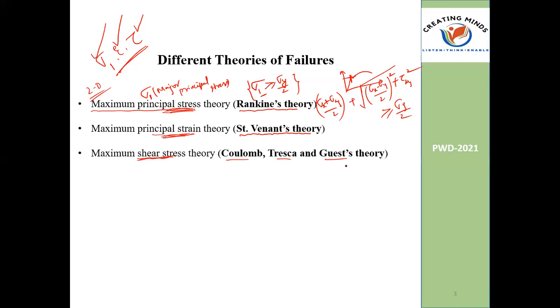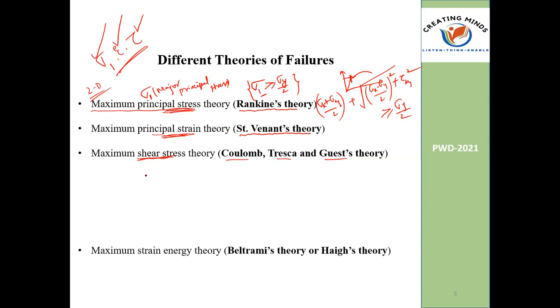Excessive shear stress causes failure of material. In the strain theory, excessive principal strain causes failure. In the stress theory, excessive principal stress causes failure. Any doubts?